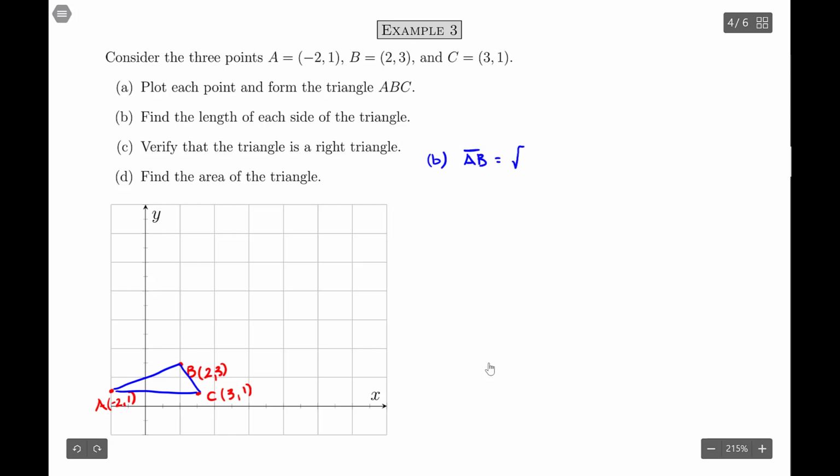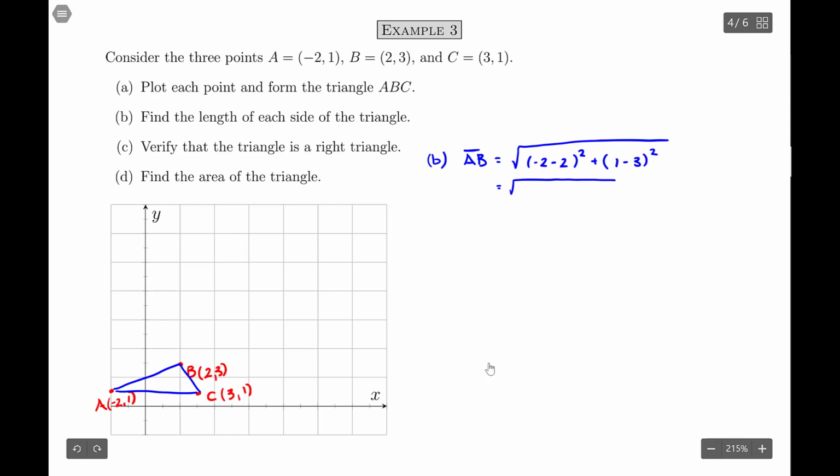For the distance from A to B, we're going to use the distance formula. It's x sub 2 minus x sub 1, so we have -2 minus 2, quantity squared, plus y sub 2 minus y sub 1, which is 1 minus 3, quantity squared.